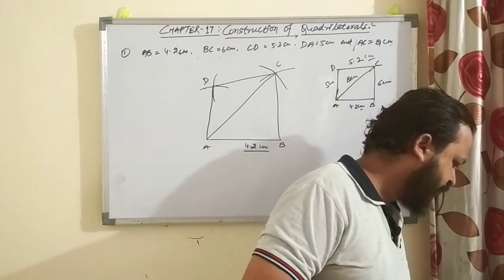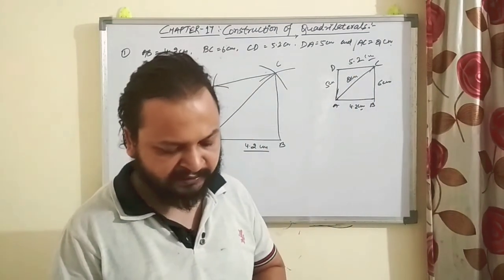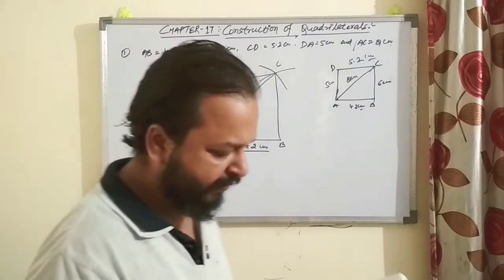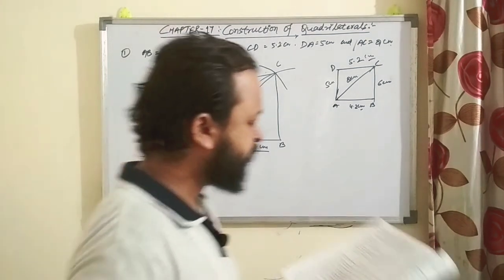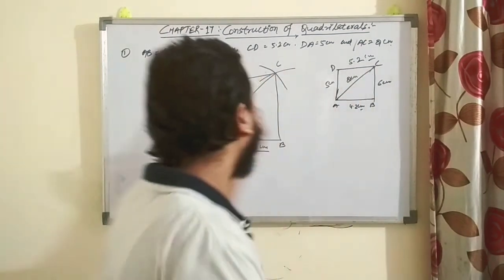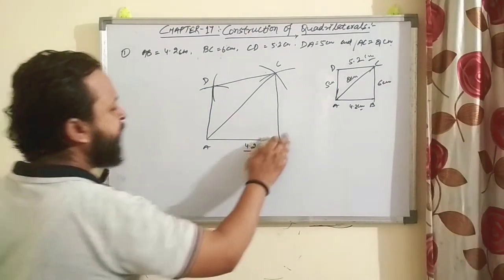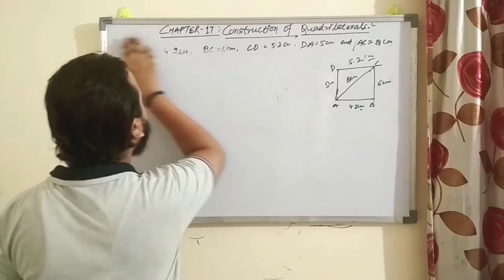Now come to question number 2. In this question, construct a quadrilateral PQRS. In this question also, 4 sides are given and 1 diagonal is given. So this question is the same as question number 1, only the name is changed. They have taken it as PQRS.